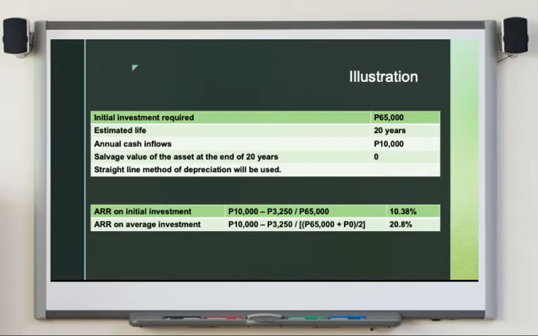It will explicitly tell you to use either initial or average investment. So if the problem tells you to use average investment, then we can accept the project since 20.8 is greater than the minimum rate of return of 15%.